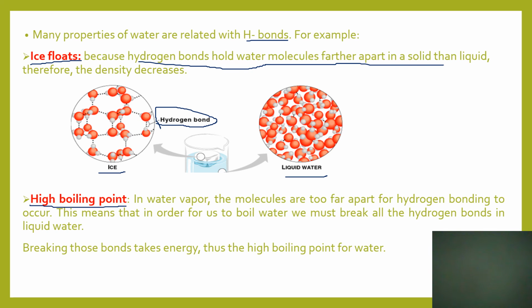To change liquid water into vapor, we need to break all these hydrogen bonds. Therefore, relatively high energy or heat energy is required to break all the hydrogen bonds in liquid water to change the water into water vapor. This is why we say that water has a high boiling point.